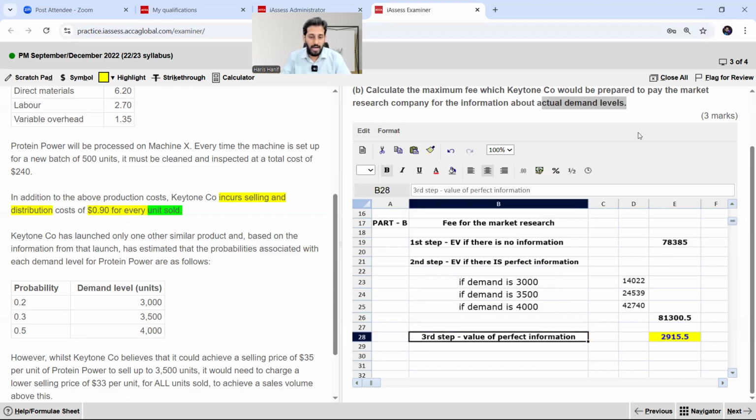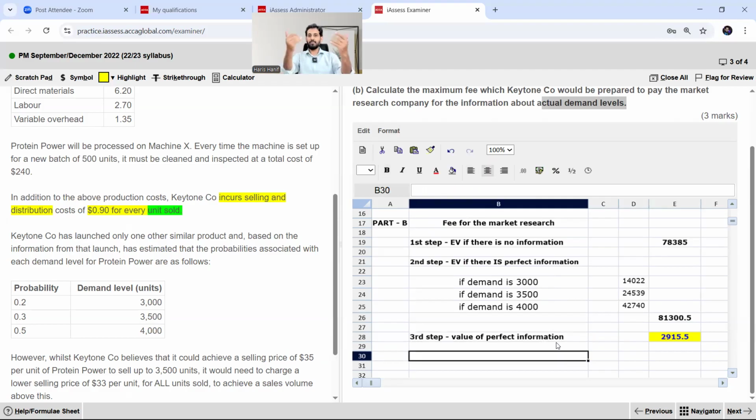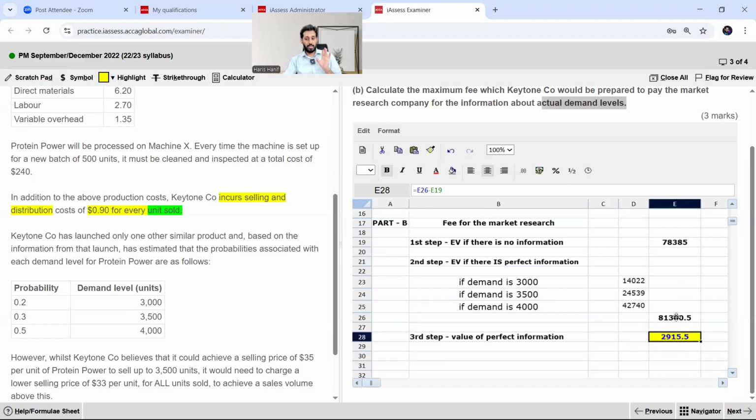So if, for example, I ask you to give me money for the perfect information, you will be paying me this value, not this value. Why? Because this is the benefit you would already have been earning. Because of my information, you are getting an additional benefit of this.